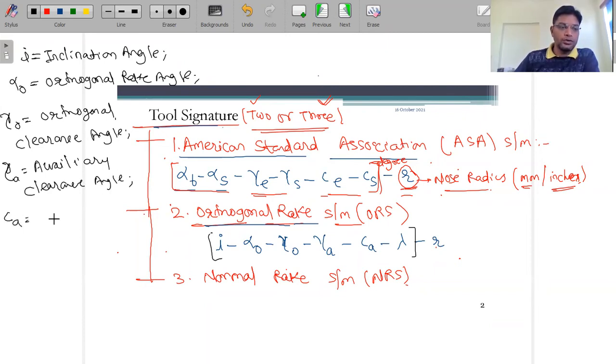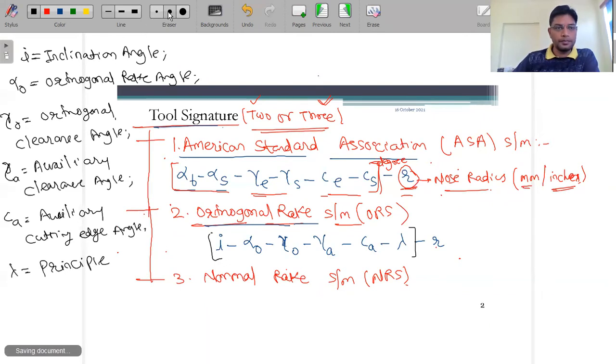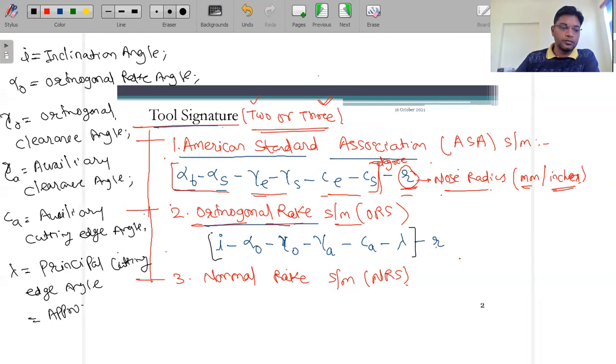CA is the auxiliary cutting edge angle. And last is lambda, which we call the principal cutting edge angle, also called the approach angle. And the last one is the same, the nose radius.